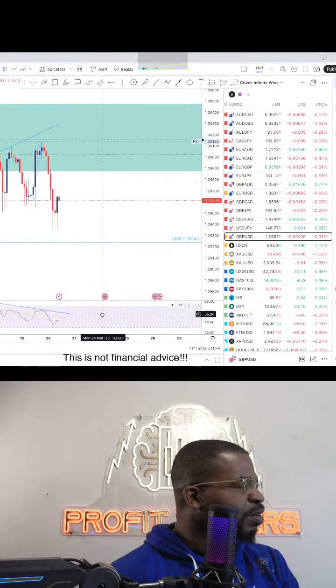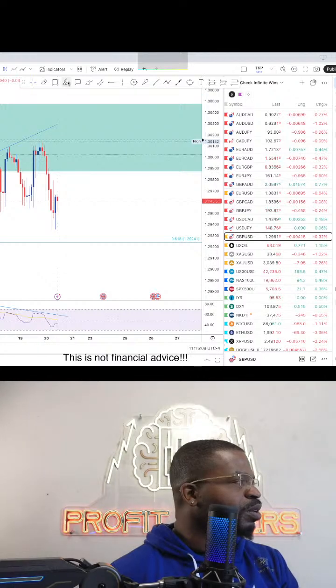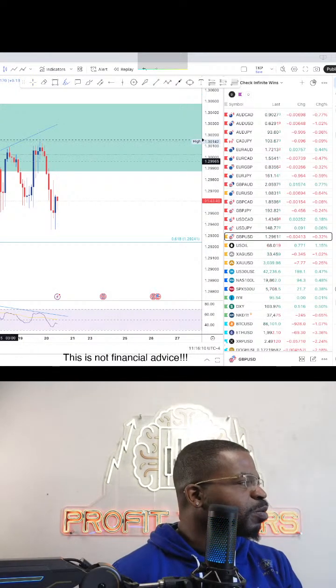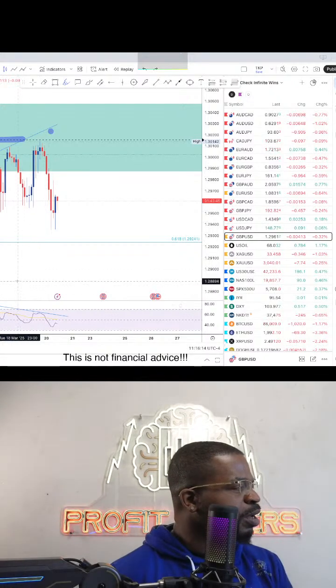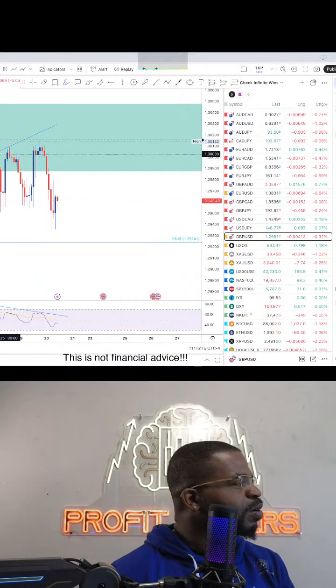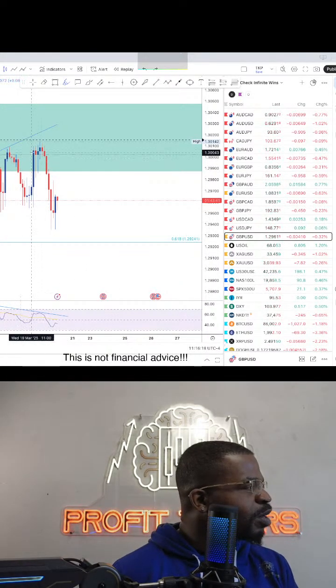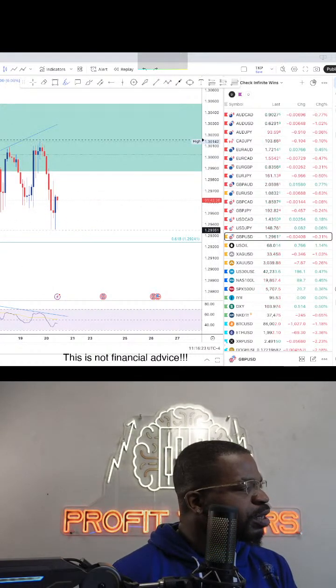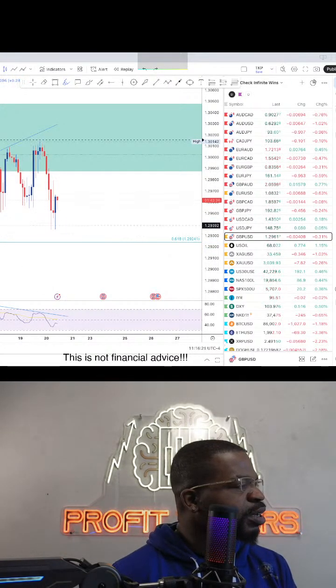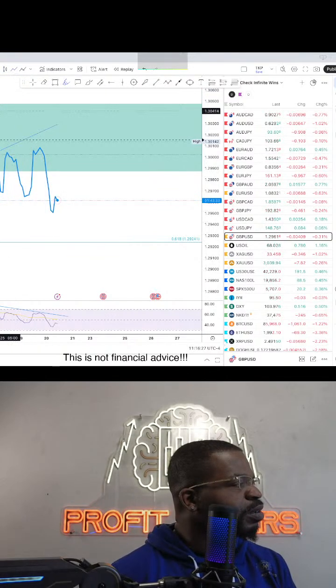So I took that GU sale for the exact same reason I took the gold sale. I saw that divergence at play, those higher highs being formed on the price chart while RSI was creating lower highs. I was like, okay, and from there we took that sale. Now, what just happened was this is an inverse head and shoulders right here. Let me show you on this.